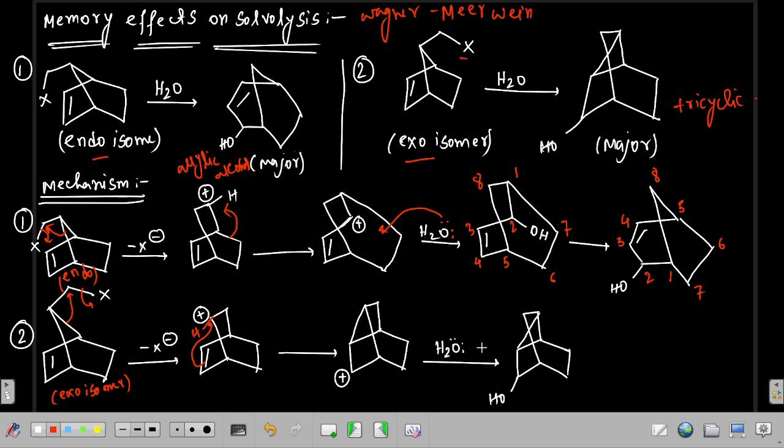Next step, H2O will attack on this carbocation, and it leads to the formation of the tricyclic compound, a tricyclic alcohol, because three cyclic compounds are there. This is one cyclic, this is another, which is bicyclic, and another bond is formed, that's why it is another cyclic. So total is tricyclic.